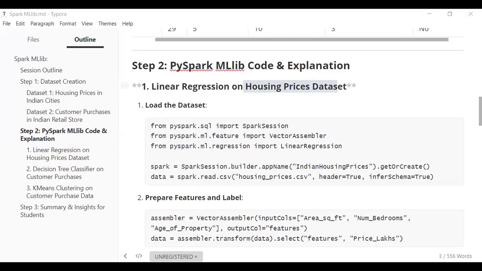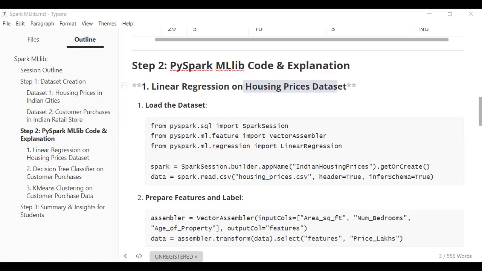Based on what features? Features like area, number of bedrooms, and property age. Area is in square feet, right? That is one feature. The second is rooms, bedrooms especially, and property age.